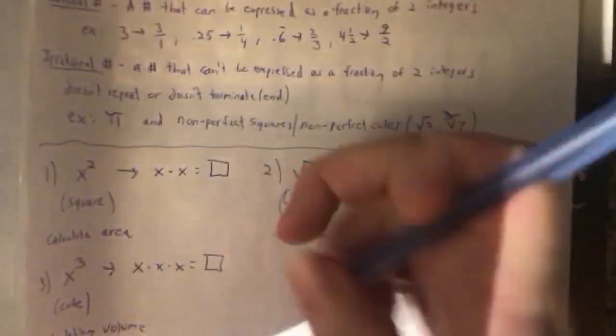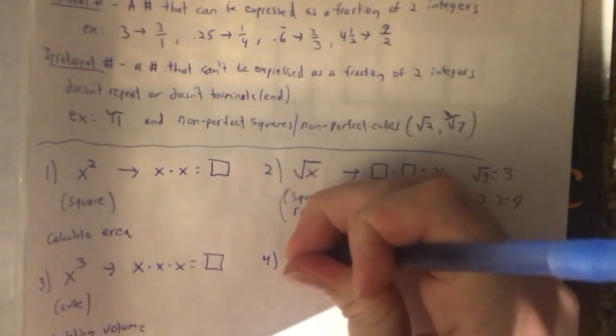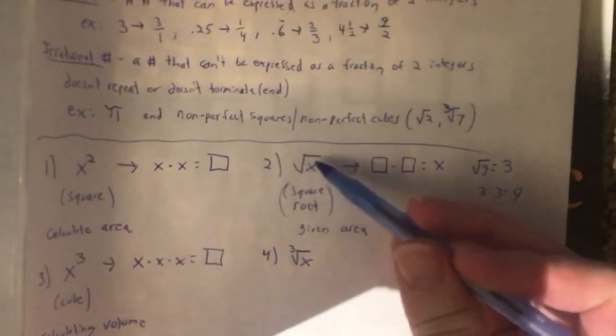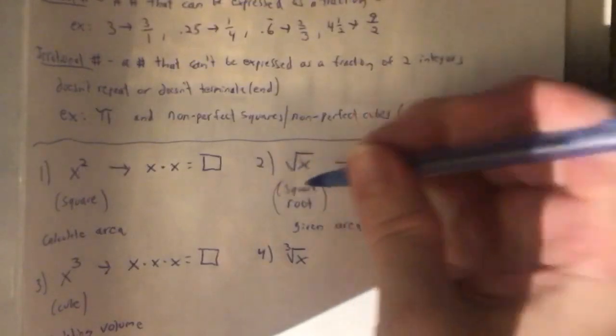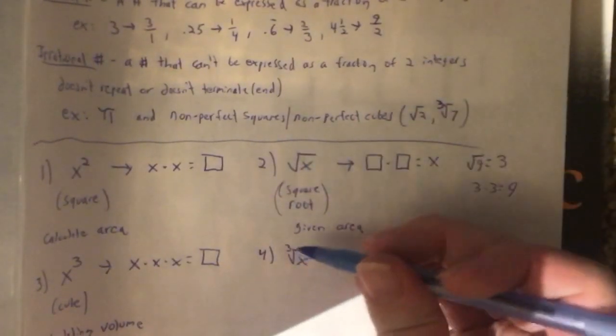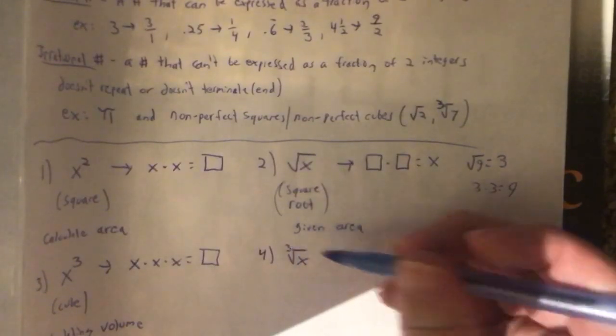And the last way is your cube root. It's written like this. So very similar to the square root of x. When there's no number there, it's implied to be a 2. If there's any other number, then you use that as your root. So this is cube root of x.